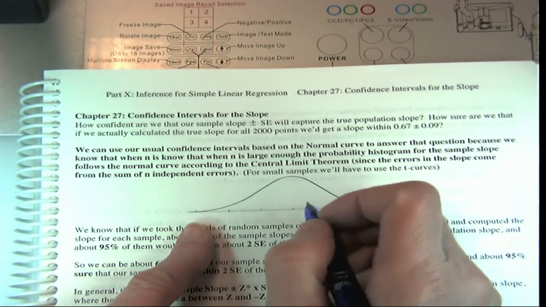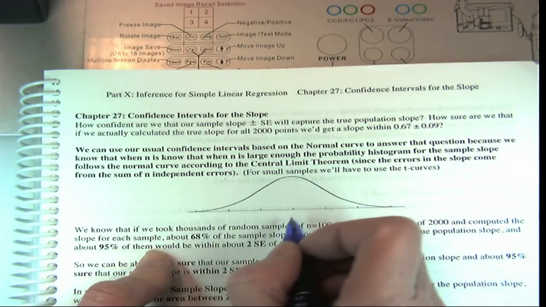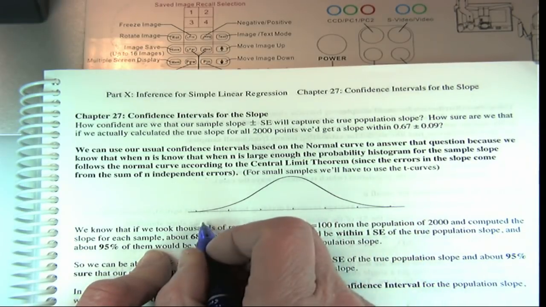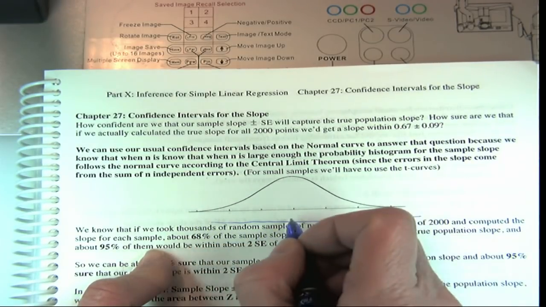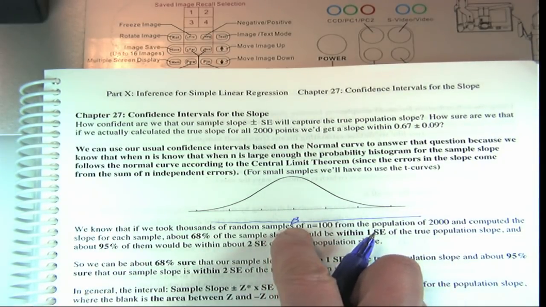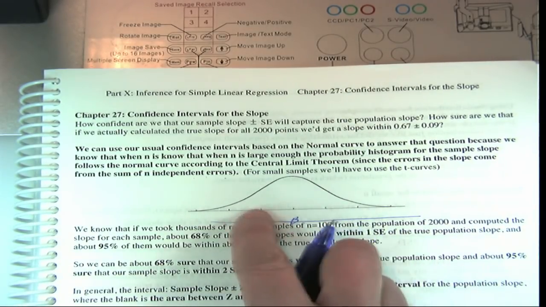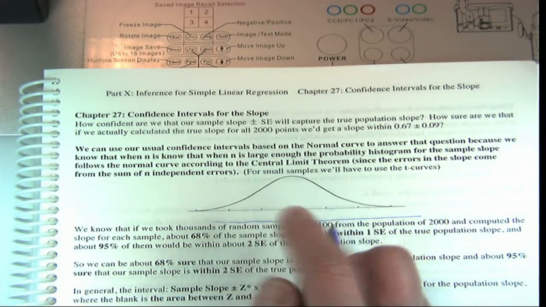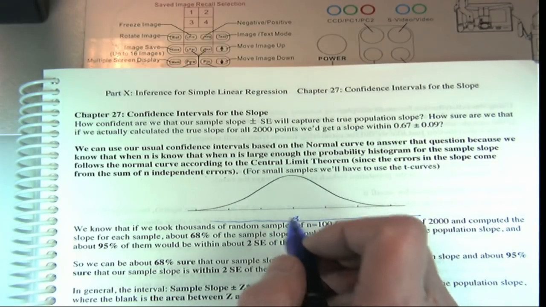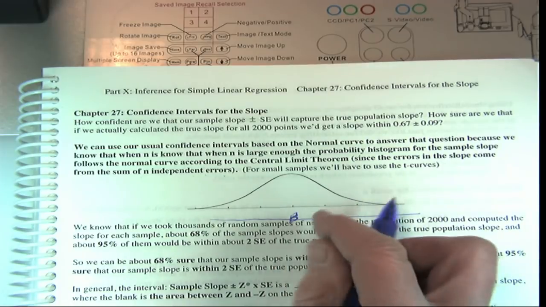If we sampled from the whole population, we'd know that right in the dead center here would be, as a slope, beta. Our true population slope would be right here, right? But our sample slope, b, is going to vary around there. How much is it going to vary? Because this is the expected value, the true population slope, right? But we take many, many samples.